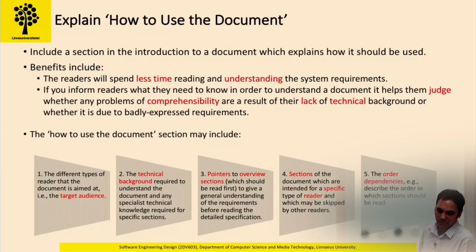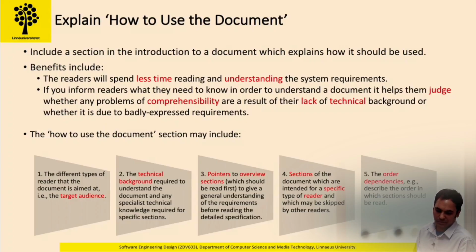And of course, you might have a summary where you point out to different overview sections. So basically, before going to further details of the requirements, people can read these overview sections and get an overview or the big idea of what the requirements are about.